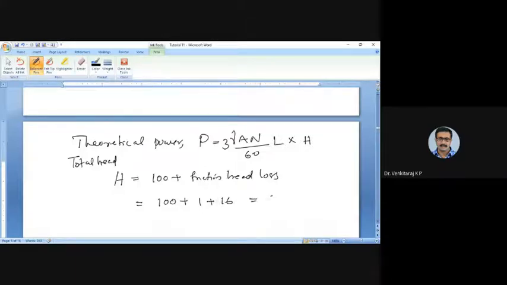So the total head of the pump is 117 meters.